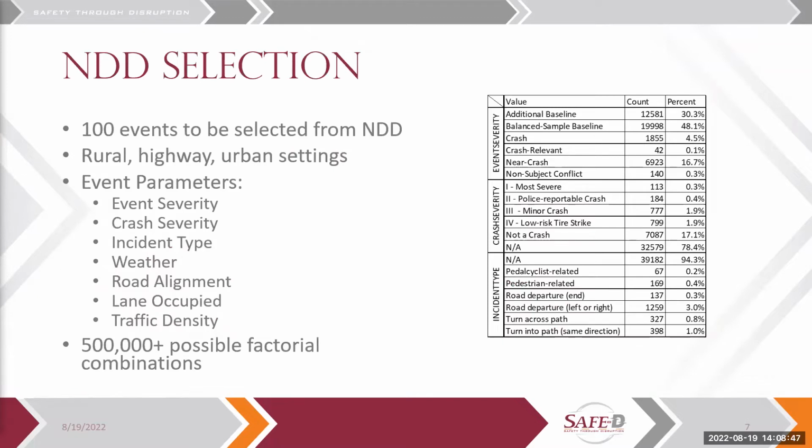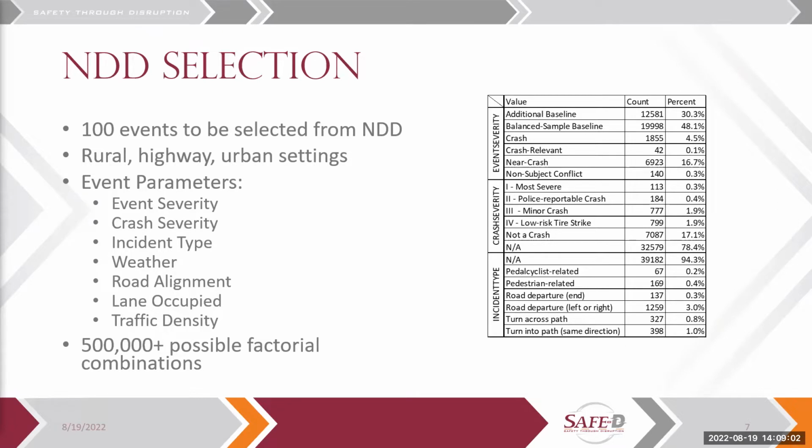So first off, we had the naturalistic driving data selection. We knew this would be a very effort-intensive task, so we limited ourselves to 100 events to recreate from the NDD.